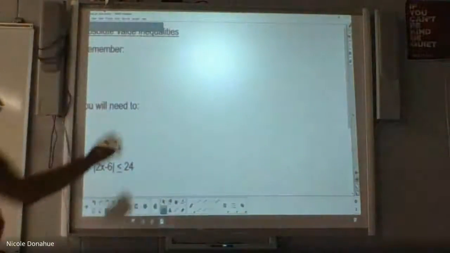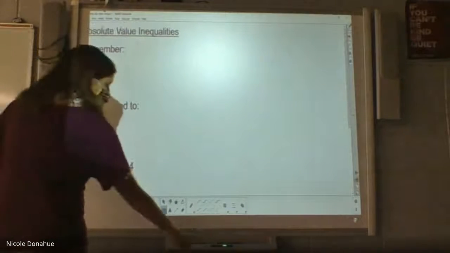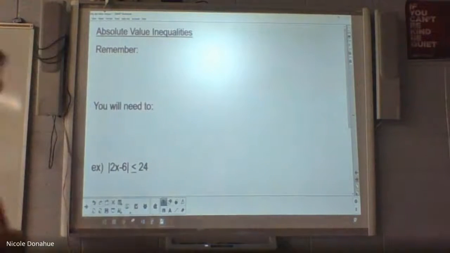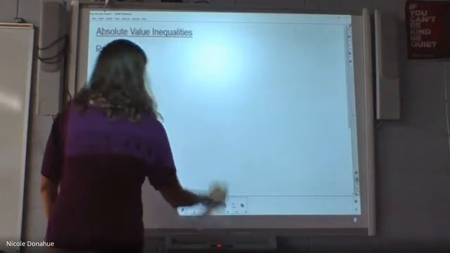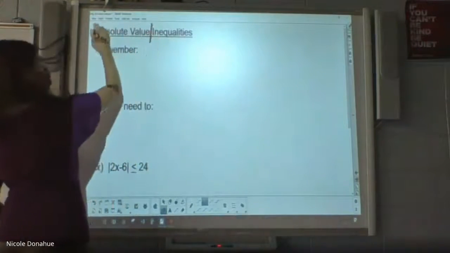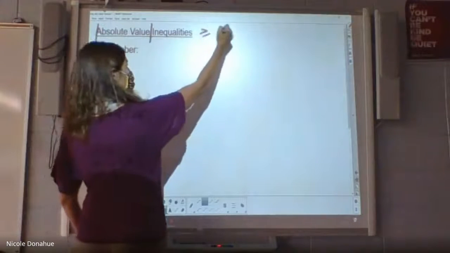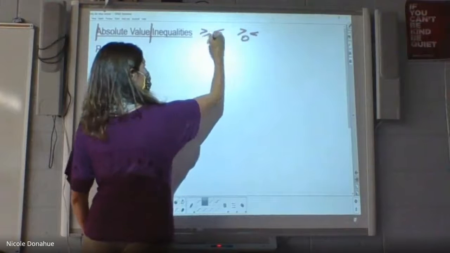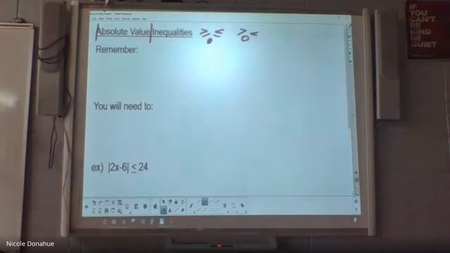Just a reminder, if it helps to remember, anytime you see the absolute value symbols, and then inequalities, we have these guys. So those are the different things to remember.